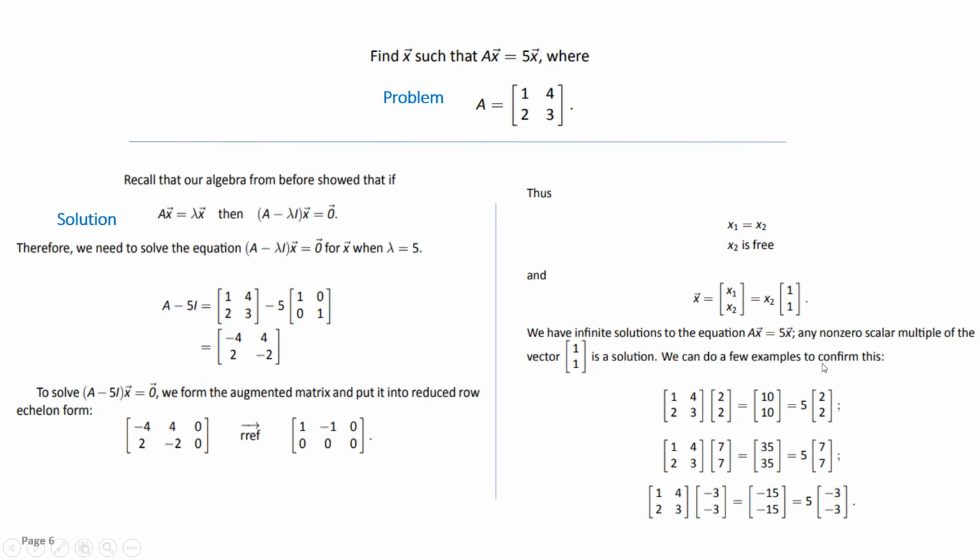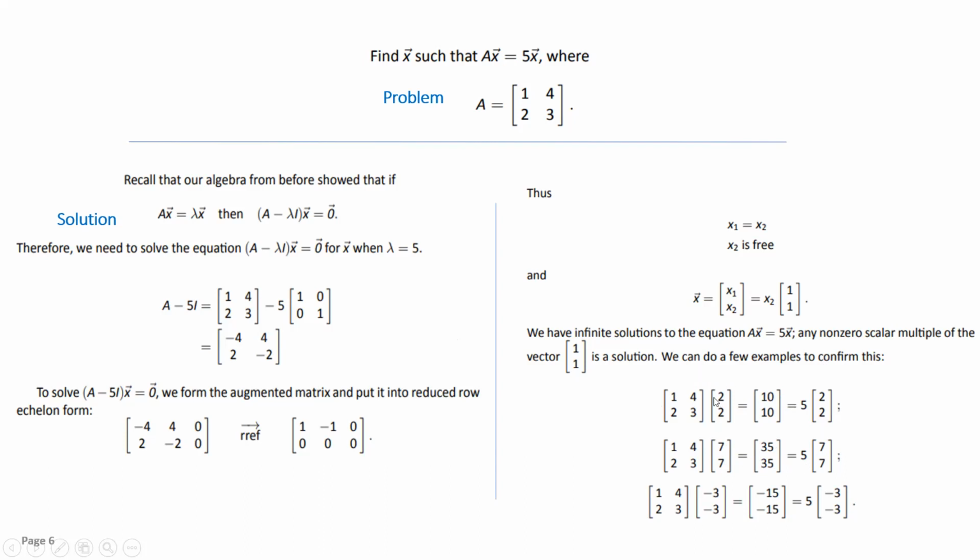So we can do a few examples to confirm this. As Sri Krishna said, we can have any number of vectors with a unique lambda also. So we can see [1, 4; 2, 3] times this eigenvector 2, 2 is equal to 10, 10, which can be written as 5 times 2, 2. Even with 7, 7, we get 35, 35, which is 5 times 7, 7.